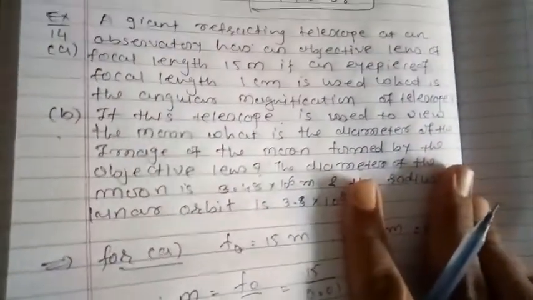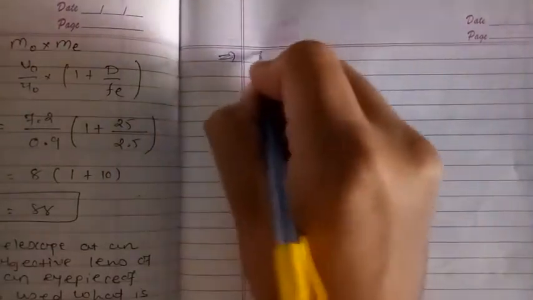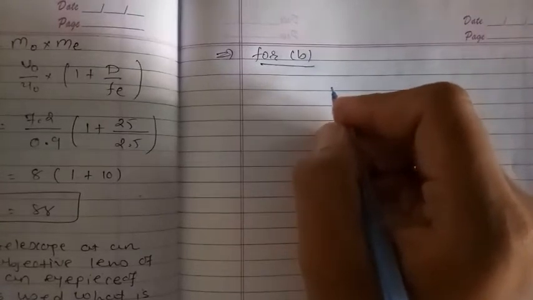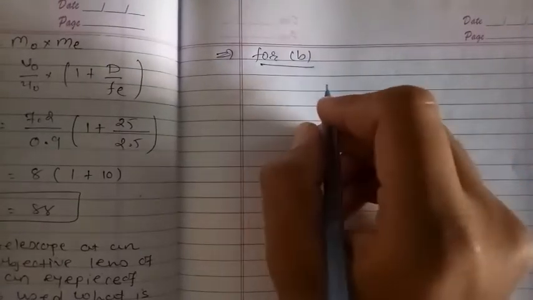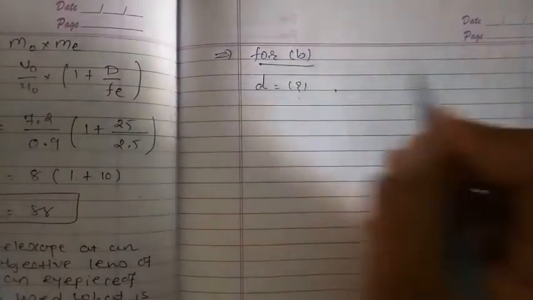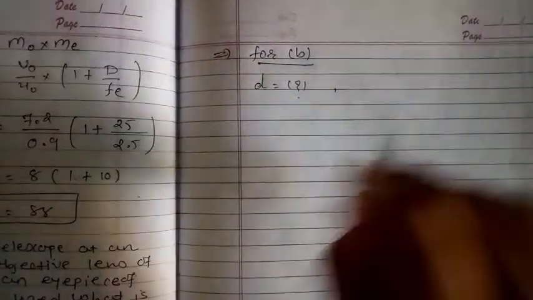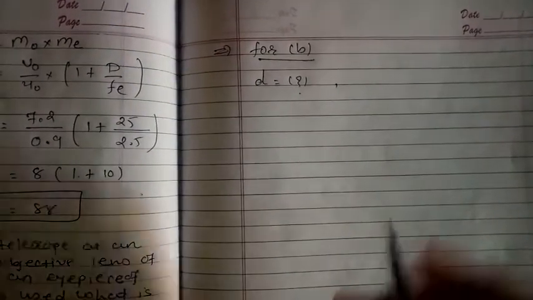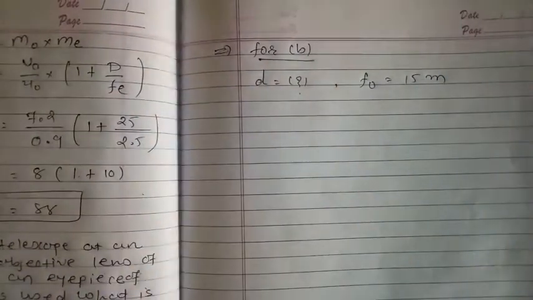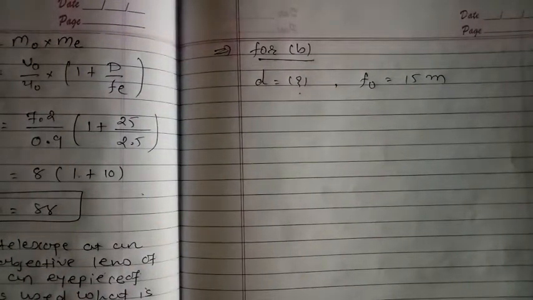So for our case 2, for B, here we have to find the diameter, but this is due to the objective. So we have to consider the focal length of the objective FO, which is 15 meter.